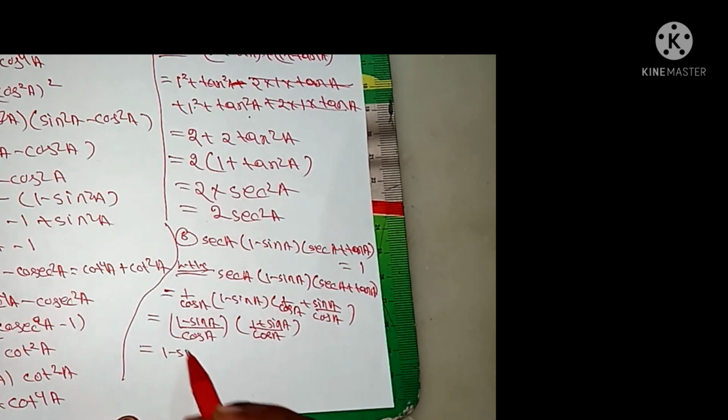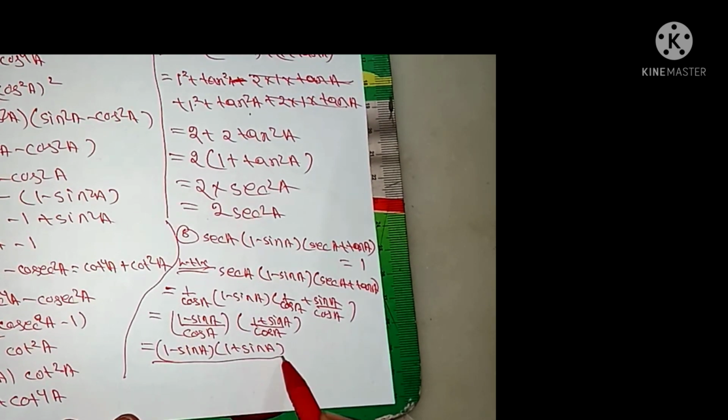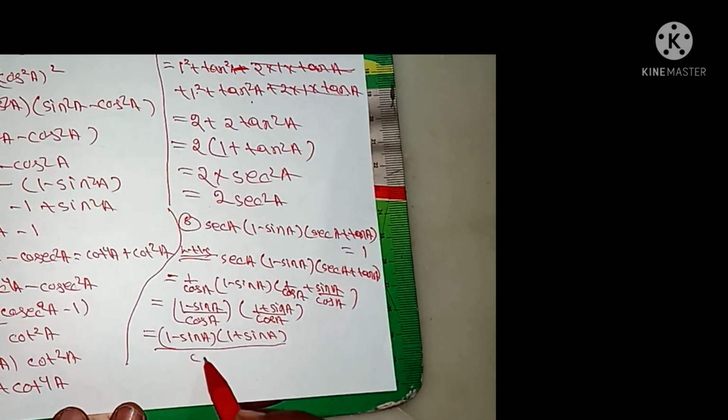That means 1 minus sin A into 1 plus sin A by cos A into cos A, which is cos square A.